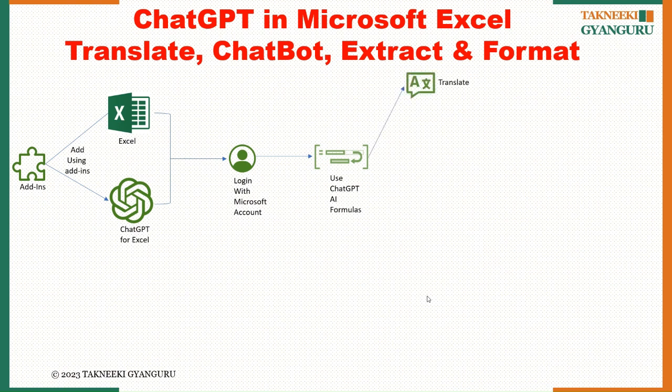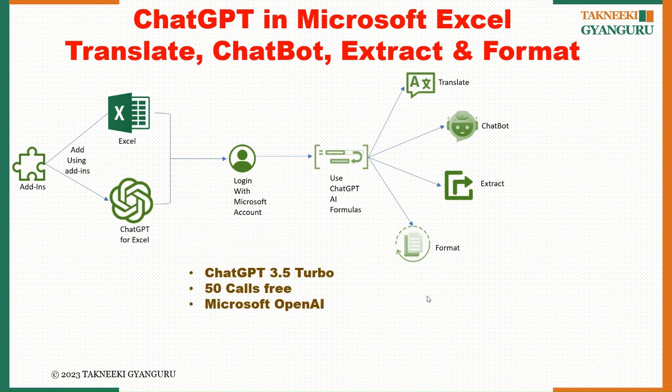How can we use these formulas? We have AI.translate, and using this formula we can translate our text. For the chatbot we also have a formula, plus the extract formula and the format formula. So these four formulas we will discuss in the demo section.